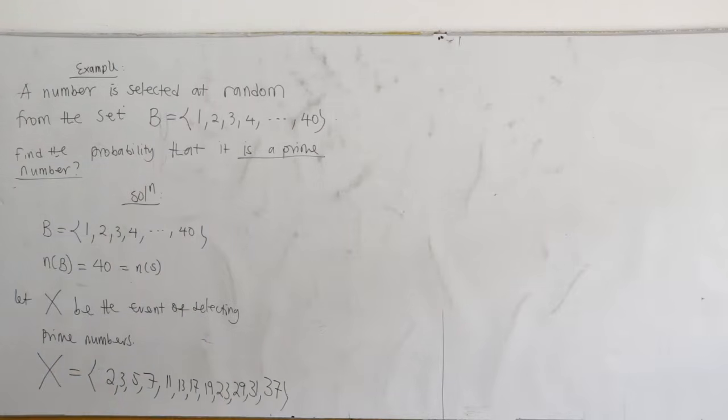And these are the possible prime numbers between 1 and 40.